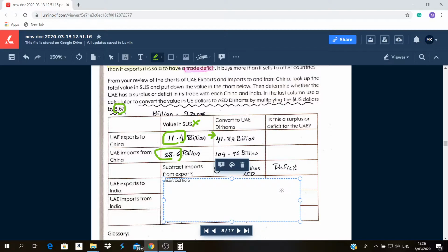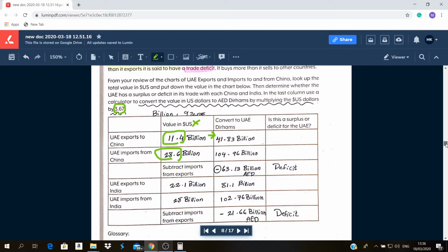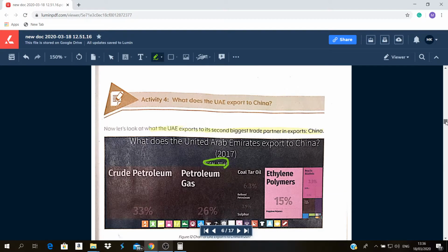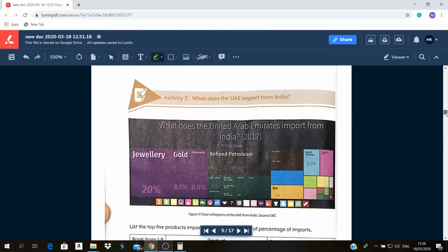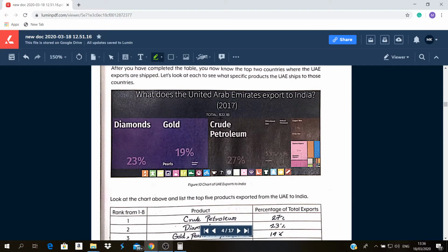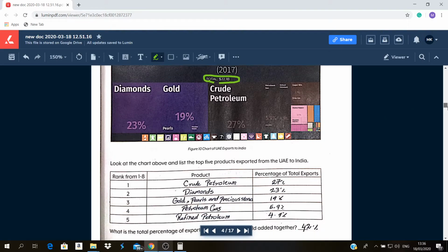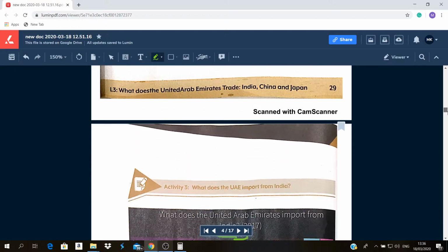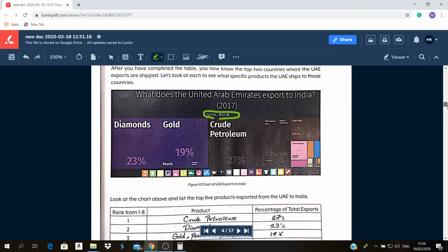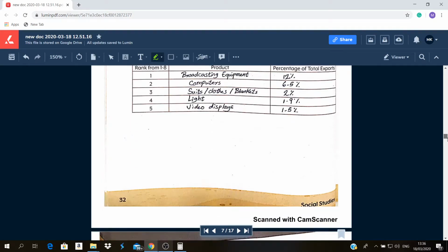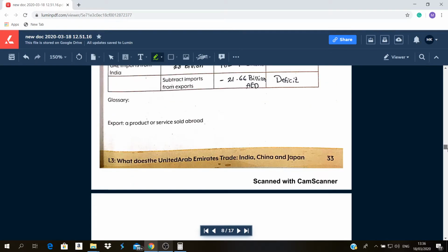Let's see UAE exports to India. Let's go back to the chart and check. This is the total of the export, and that is the total of the imports. They are somehow similar to each other. Closer, yeah. This one 28, and the other one is 22.1. Okay, let's do it.